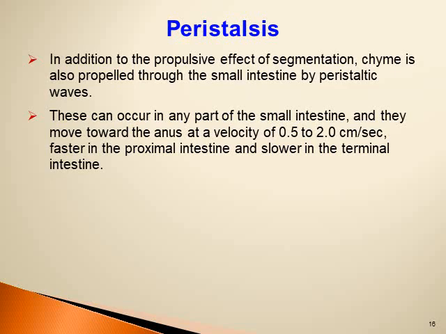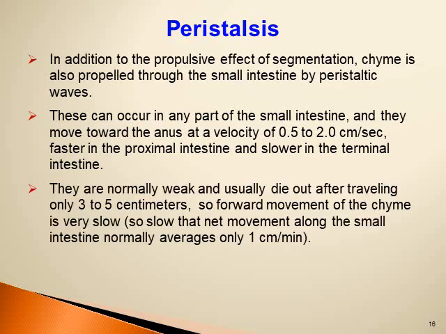These peristaltic waves are faster in the proximal intestine and slower in the terminal part of the small intestine. They are normally weak and usually die out after traveling only 3 to 5 centimeters.